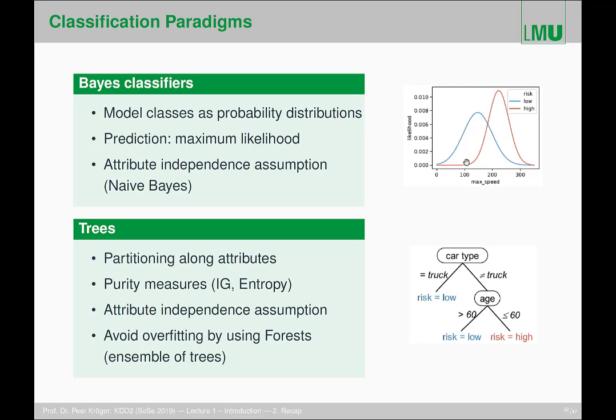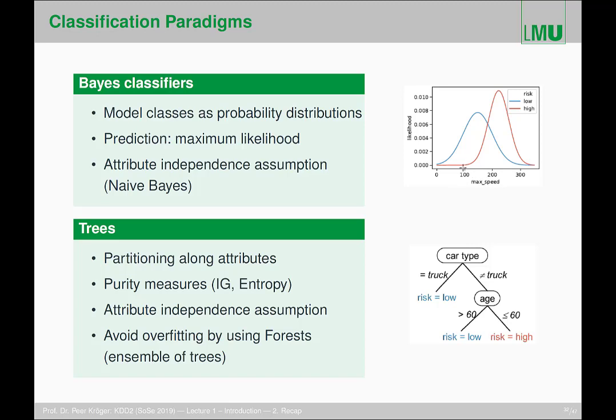First of all, in KDD1 we talked about Bayes classifiers that model each class by a given probability distribution. Typically it's a Gaussian distribution, and prediction is then just done by maximum likelihood. So for example, here in a one-dimensional case, we have the blue class and the red class, and you see that the blue class has this Gaussian distribution here, the red class has this distribution here, and this is the values we observe, which is the maximum speed of something.